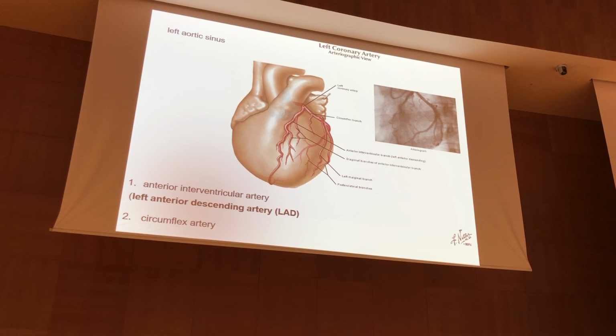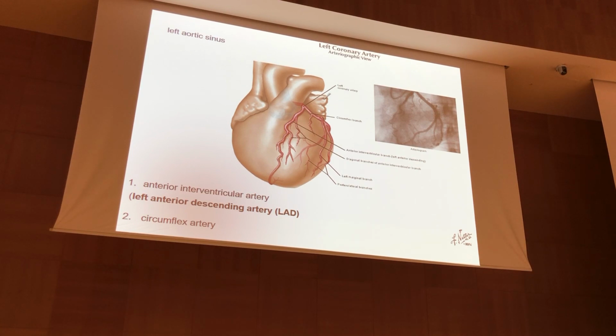Now, not only that, arteries are like rivers. They're going to supply right and left. So the LAD is going to supply the two ventricles. And it's going to give us some diagonal branches. Sometimes they come from the LAD or they come from the main one.